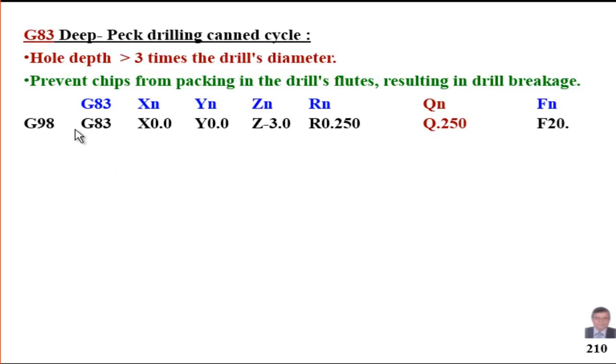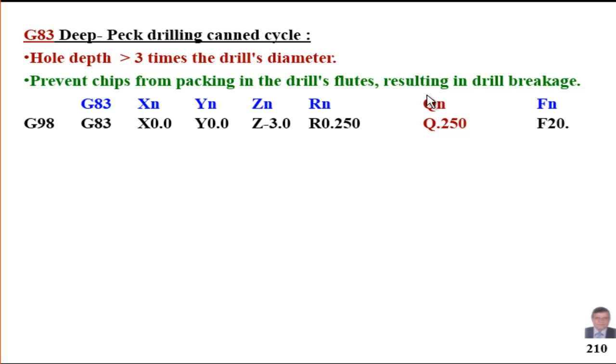And also the canned cycle G83, again, this is the format of this canned cycle. The only difference here is Q. What is Q in this case? Q is the depth of cut for every cutting peck. Depth of cut, so we do so many cuts. It will be created in multiple cuts.